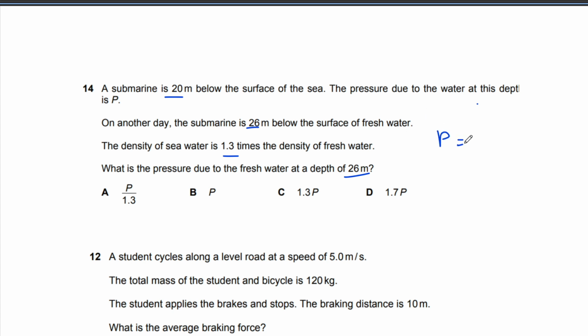So we know the pressure in a liquid is rho g h, and this, compared to this, is for seawater.